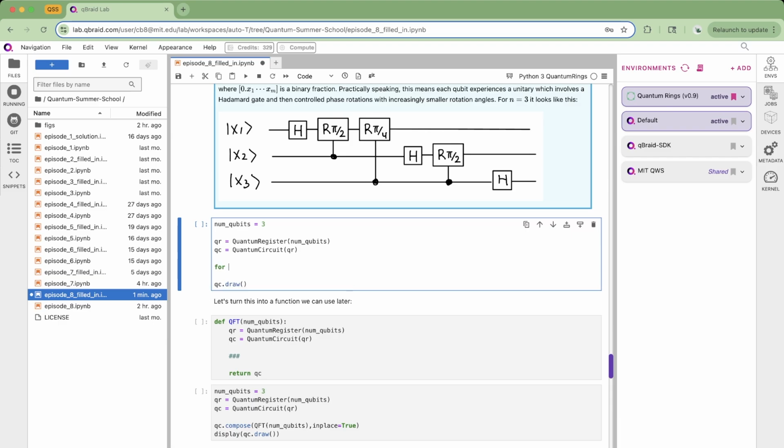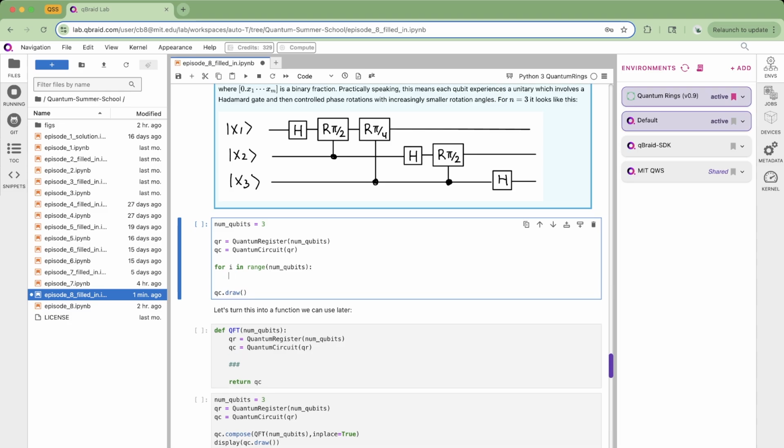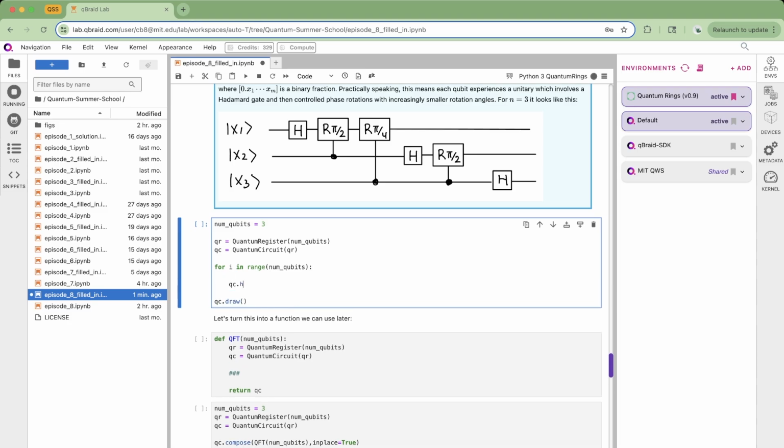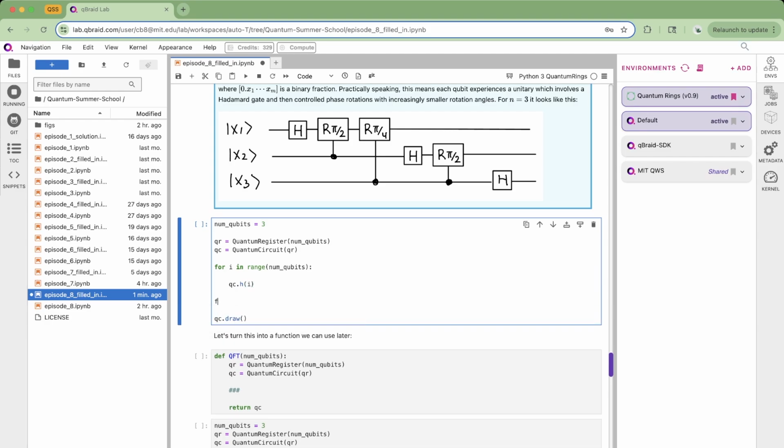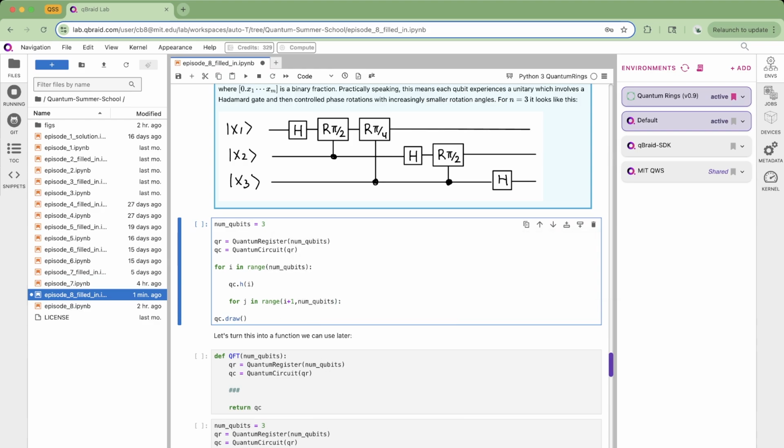I want to loop through all of our qubits. First thing we want to do is apply a Hadamard gate. And then we want to loop through again. And we want to start with i plus 1 and go all the way up to the number of qubits that we have.